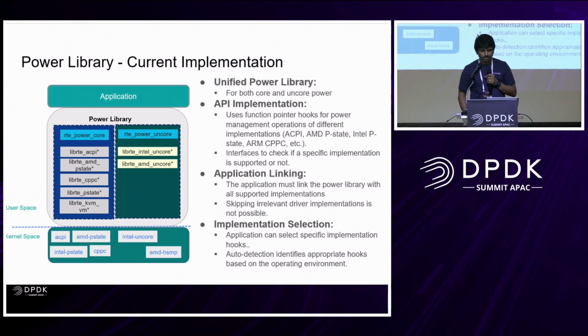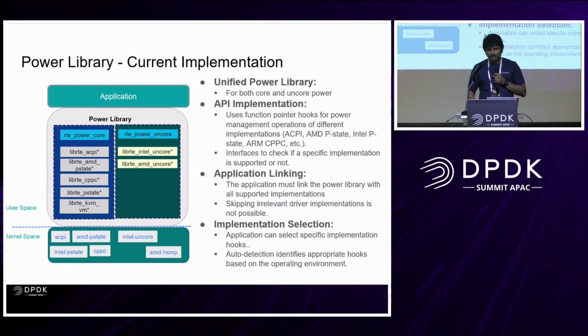When the power library was introduced, a set of components were introduced to the library space, each coupled to a specific kernel driver, and there is a generic power core library on top of it. So what the application sees is the power core library, which links with the different specific implementations under the hood.